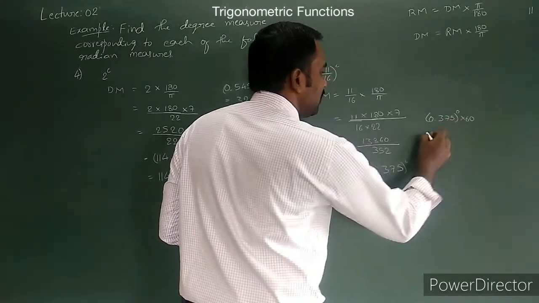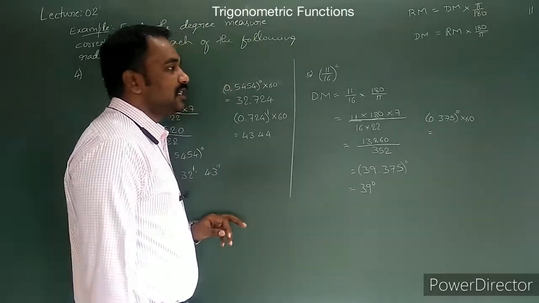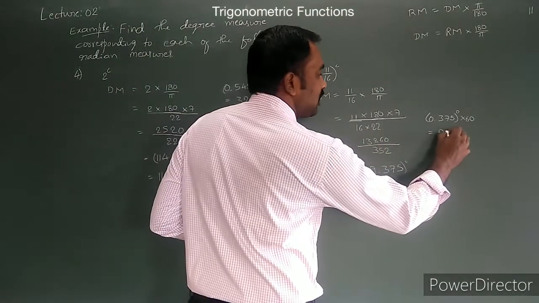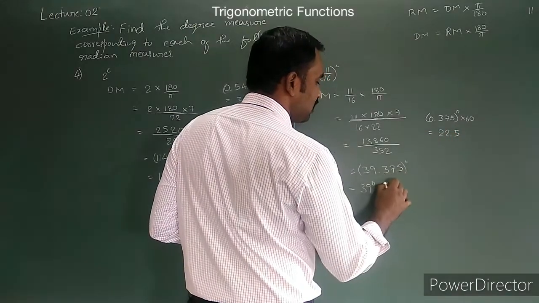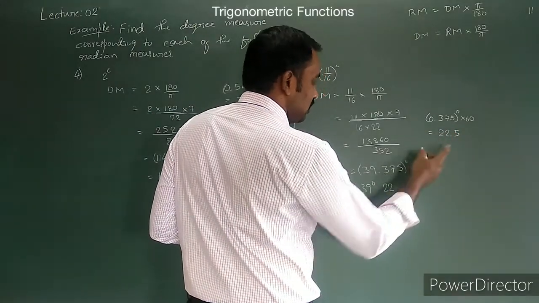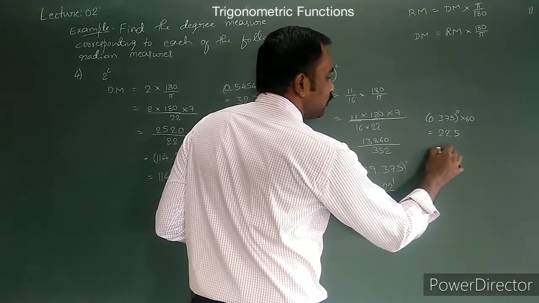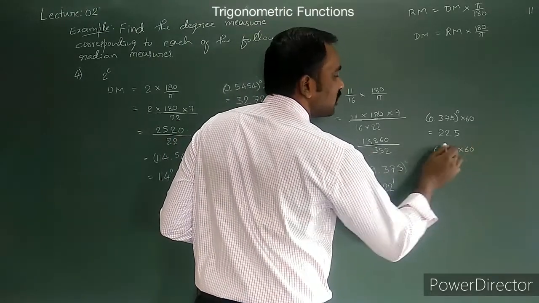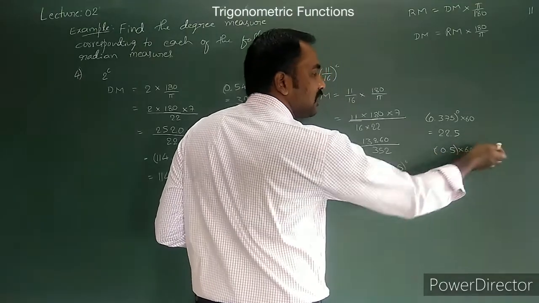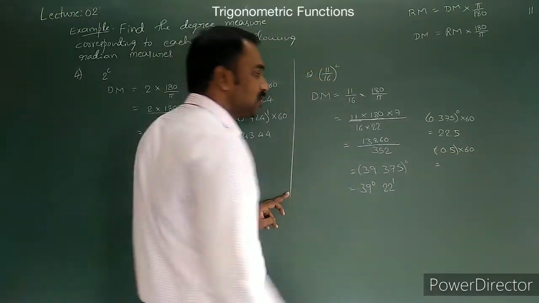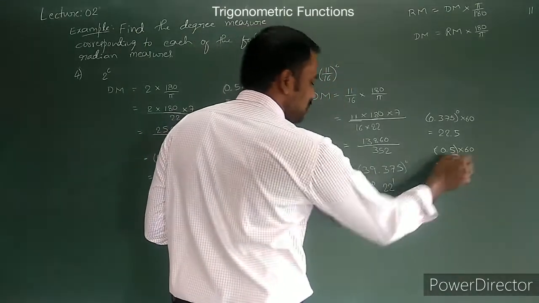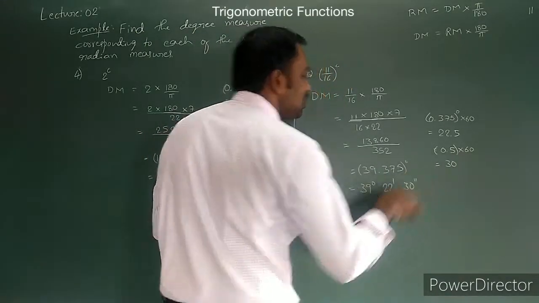Converting into minute, what will we get? 0.375 into 60 is 22.5. Now here we can write 22 as minutes. 0.5 is in terms of minute. Converting to second, 0.5 into 60 is nothing but 30 seconds. So this is the 30 seconds.